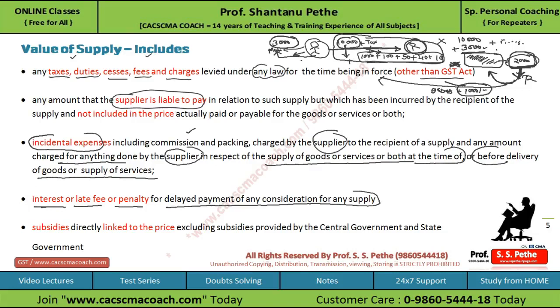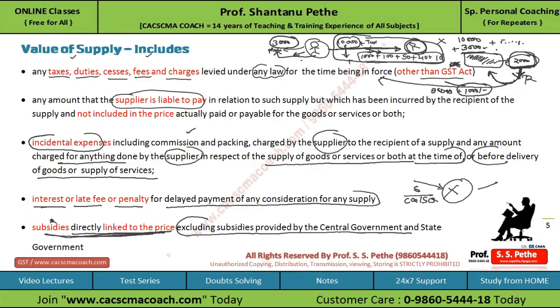And the last point, you have to see it carefully. It says that subsidies directly linked to the price, excluding the subsidy provided by central government or state government. So as we have already seen, any subsidy which is provided by the central government or state government will not be treated as consideration and will not go into the value of supply.